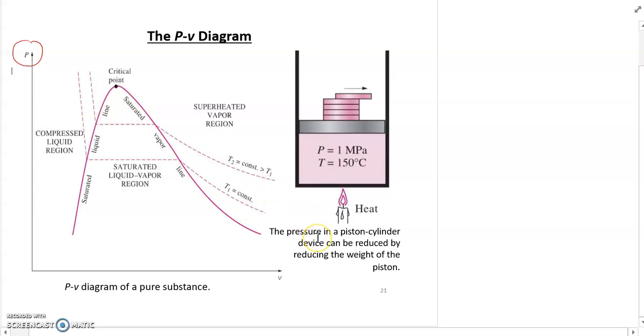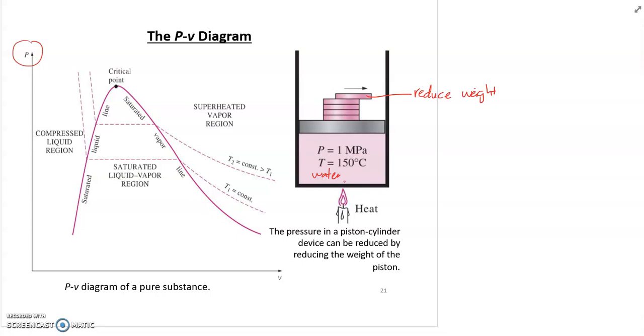In this case, if you reduce pressure by reducing the weight on the piston, water is allowed to exchange heat with the surrounding, so its temperature will remain constant.